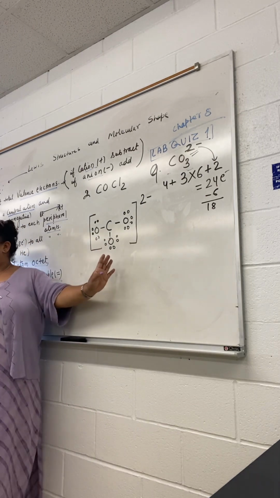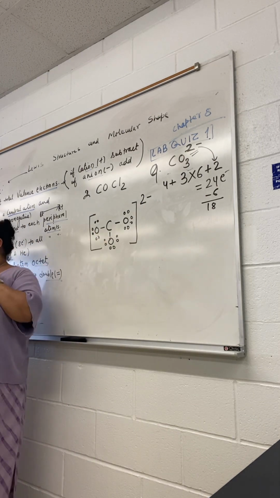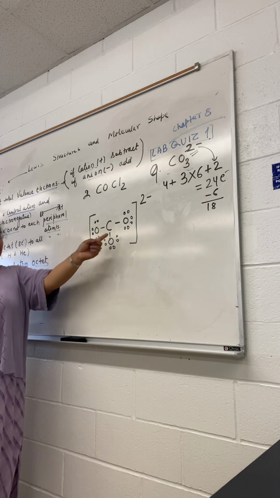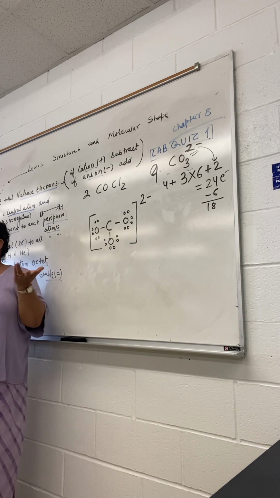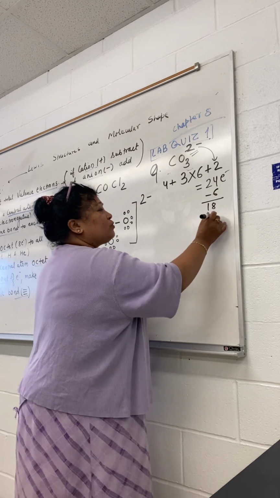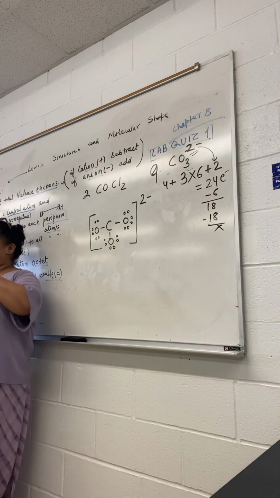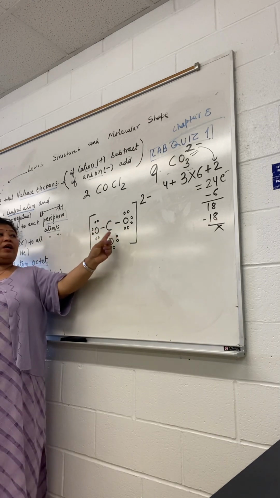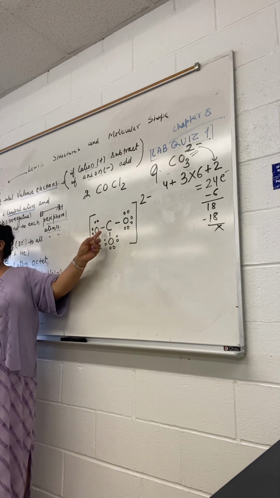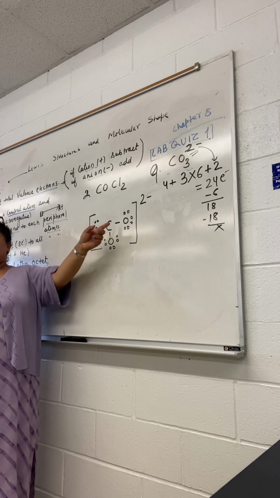So we used up all of them. Total 18: 6 times 3 is 18, right? All the oxygens are good, but carbon still has only 2, 4, 6.